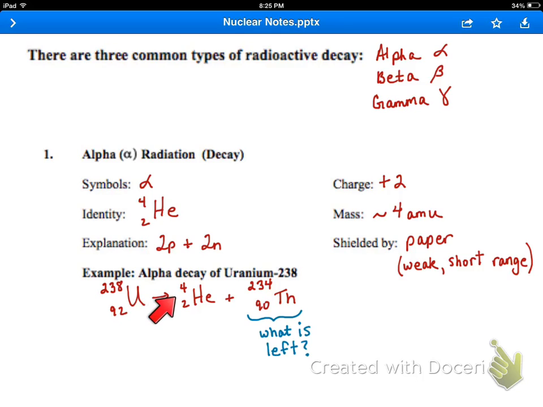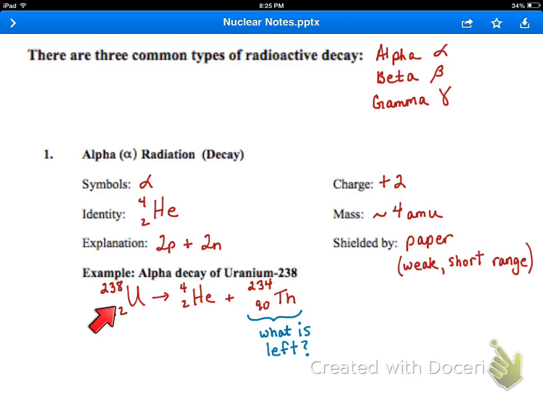So we write the arrow, and then we write the alpha product, which is 4 and 2, He, and then we have to figure out what numbers are going to be left over here. So we've got 238, we took away 4, so we have 234 left. So the top number is going to be 234.